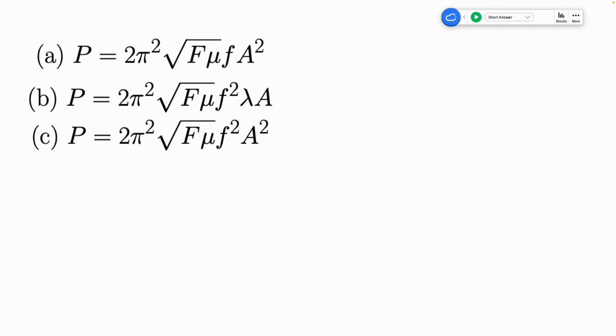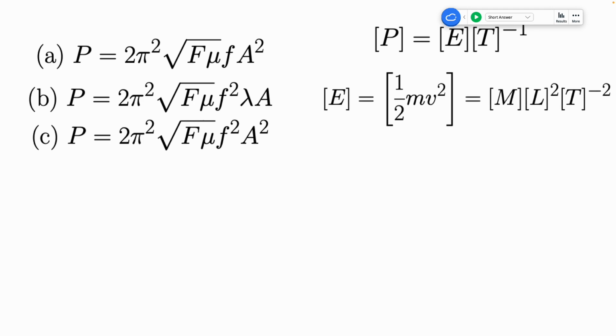So again, there are some tricks for dimensional analysis. Instead of breaking down the power into length, time, and mass, you know it's energy per time. So just focus on what gives you energy. You learn that energy is 1/2 mv squared for kinetic energy. So energy must be mass times distance squared per time squared, because speed is distance over time.